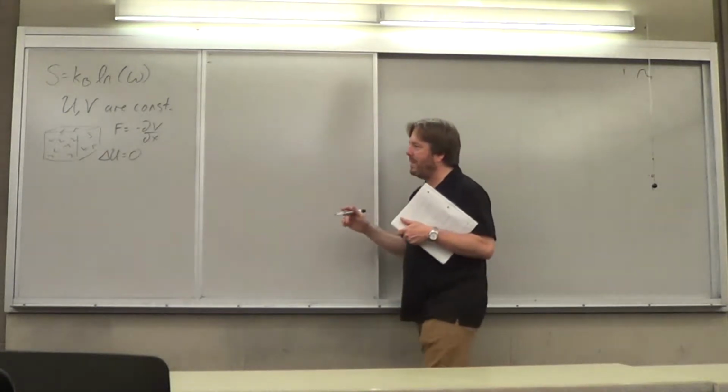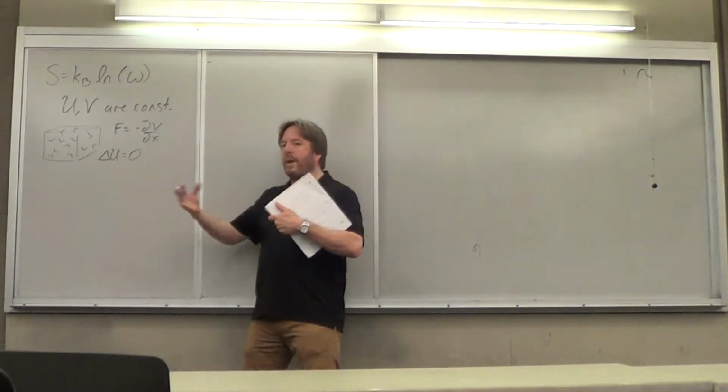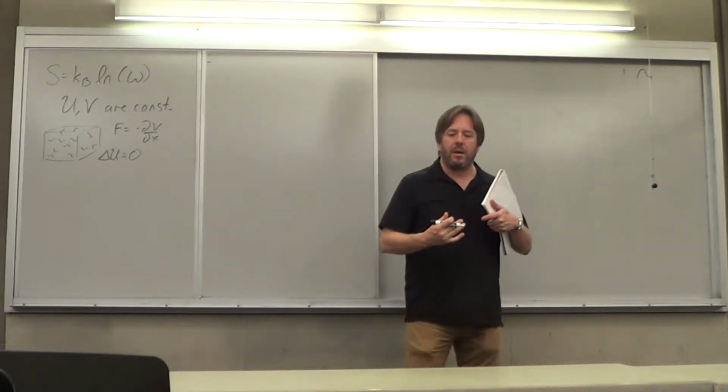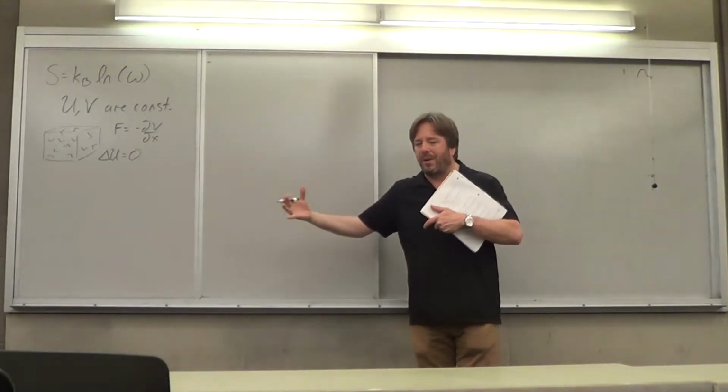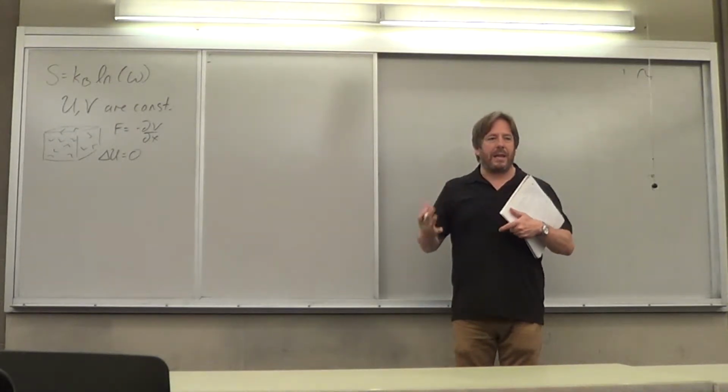That means that the properties I'm calculating, whatever property they may be, can be averaged together with all the other properties measured from different configurations with equal weight. They're all equally probable.